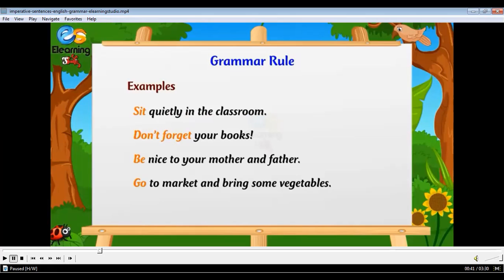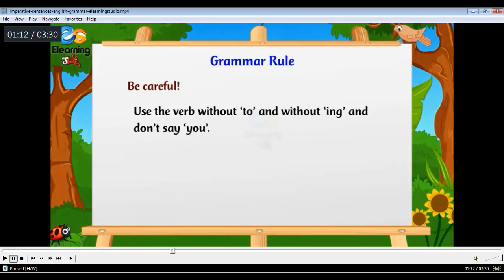These are some example sentences: sit, don't, be, go. All of these sentences start with a verb or an action, an order or an instruction. When you want to guide someone on how to do something, we usually give them instructions or advice, and we express this with imperative sentences. If you want to make it polite, we can use the word please, like please sit down.